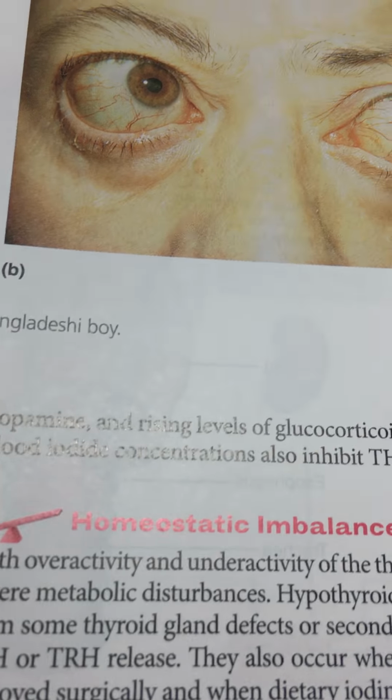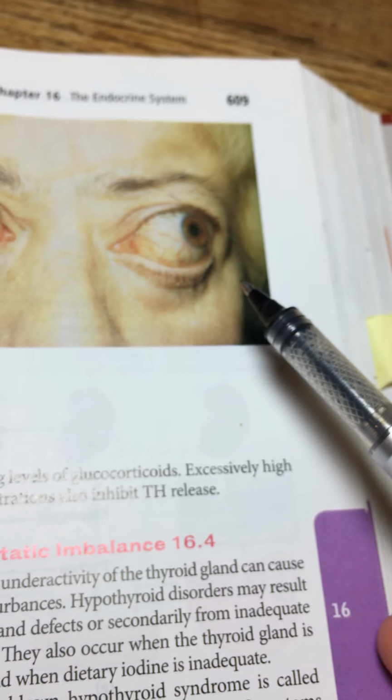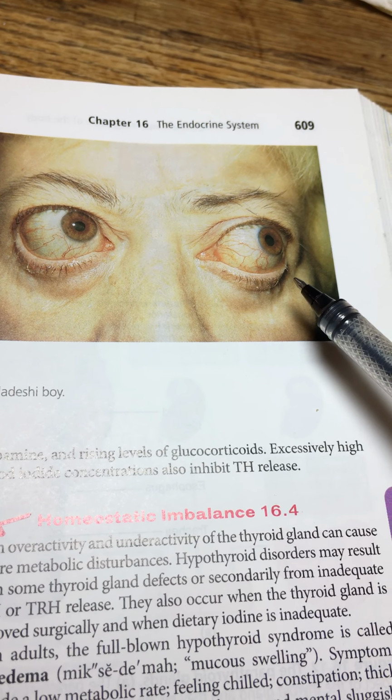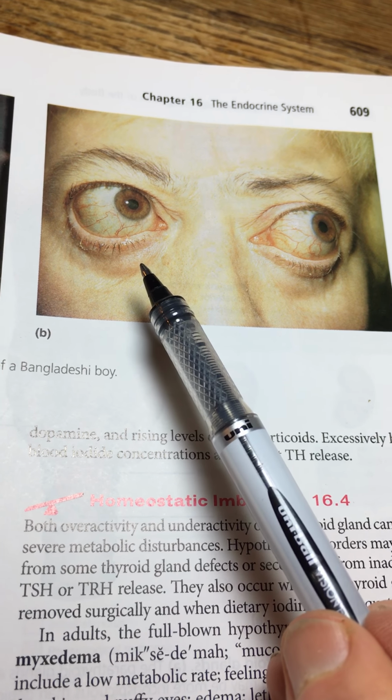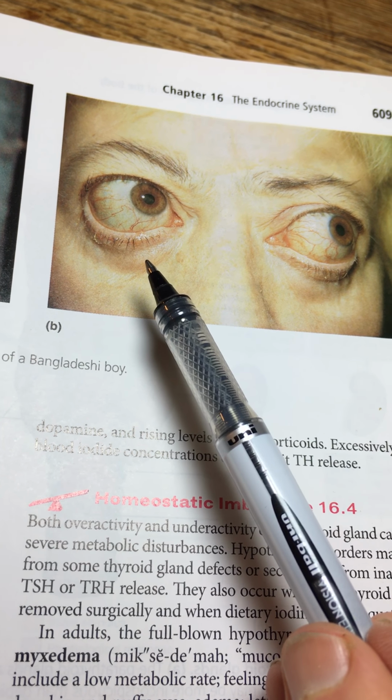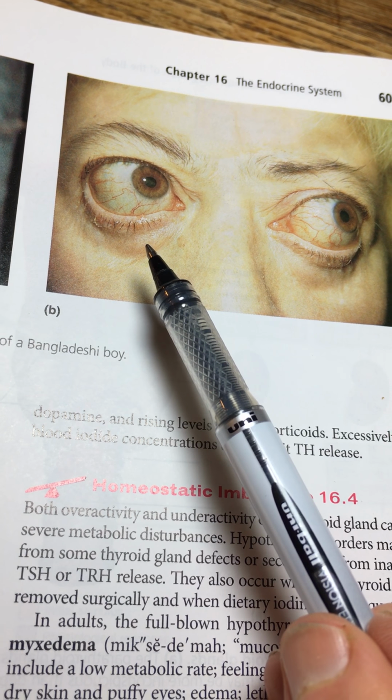Okay, so when the thyroid hormone is overactive, then we have this situation, the exophthalmos situation, in which the eyes are normally positioned in the orbit of the skull because of the fat cushioning that's in there.